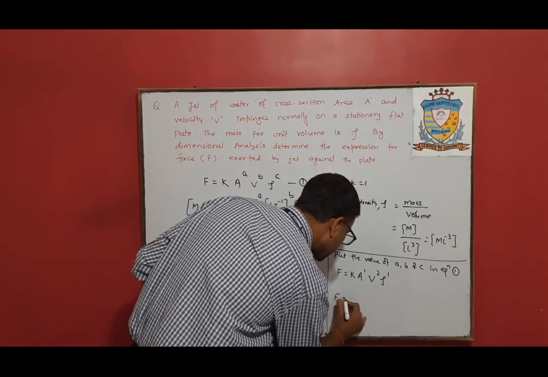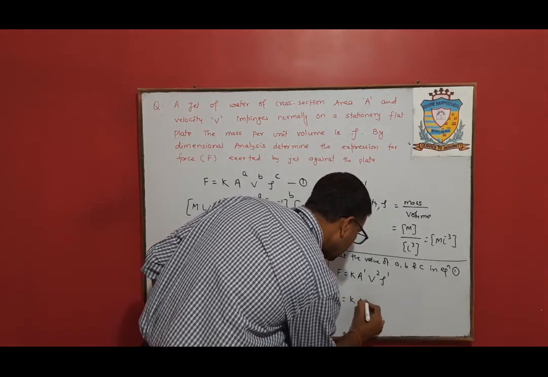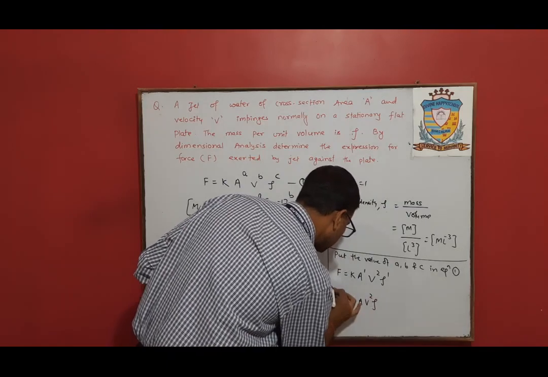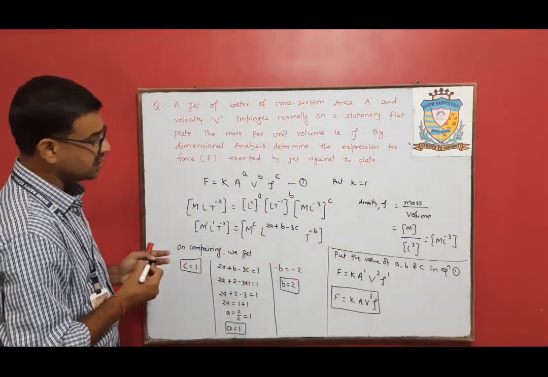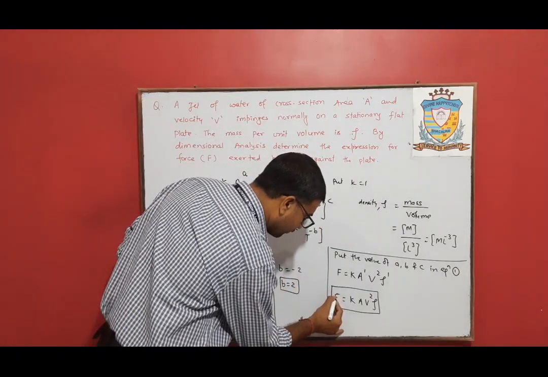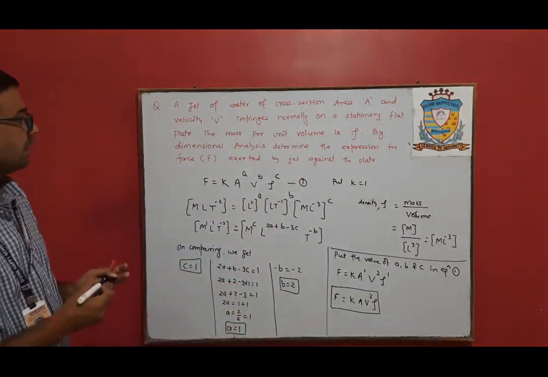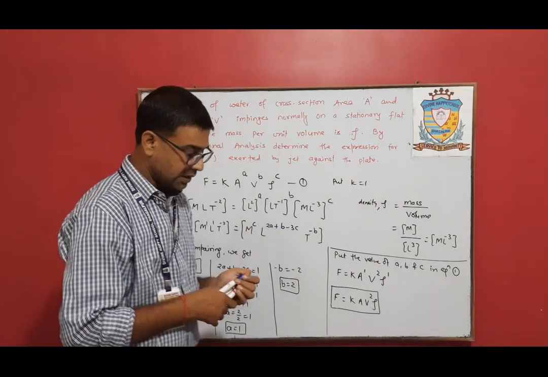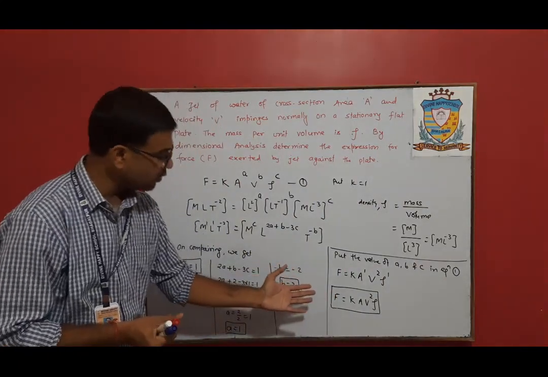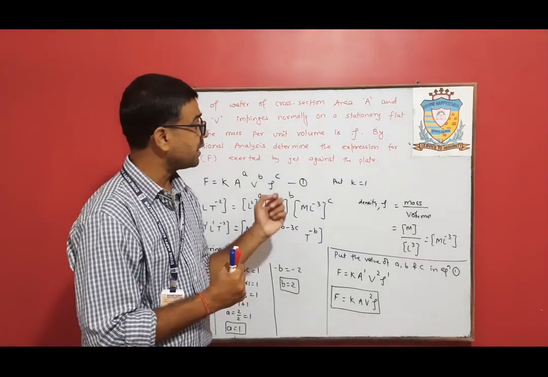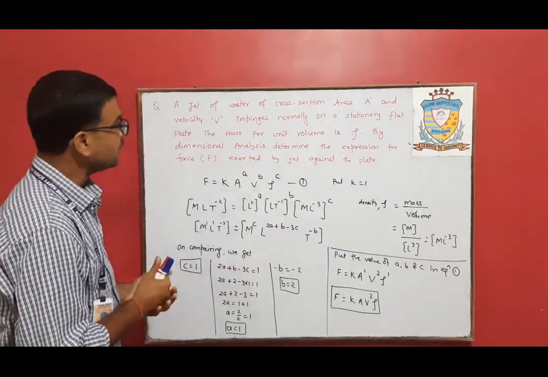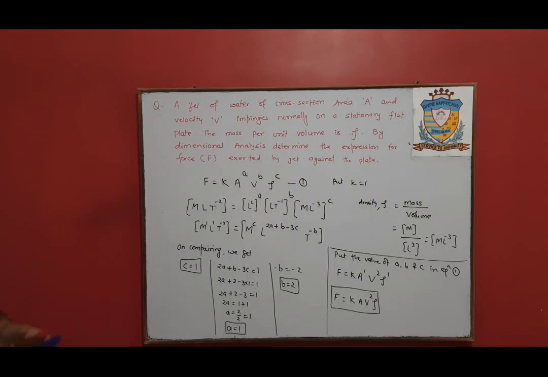This can be written as F equals K A V square rho. So this is the value of the force exerted by the jet against the plate. Clear? Next numerical.